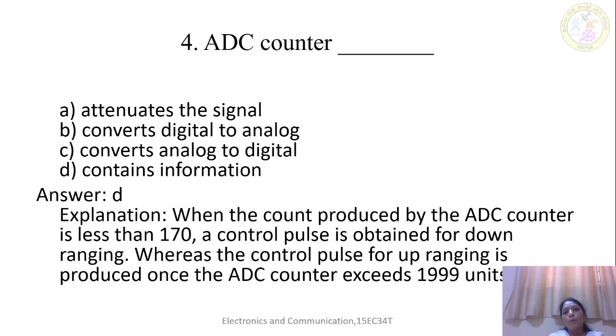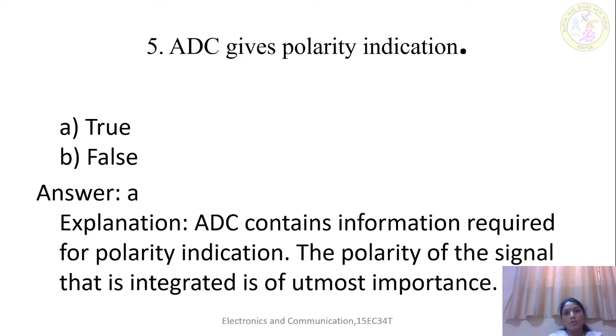When the count produced by the ADC counter is less than 170, a control pulse is obtained for downranging, whereas the control pulse for uprange is produced once the ADC counter exceeds 199 units. Hence, ADC counter contains the information.